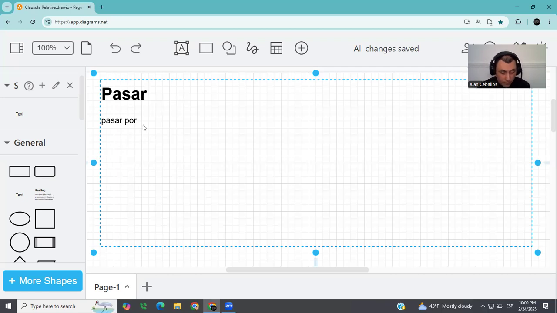I'm going to give you an example with this. It would be: Ella pasó por la casa ayer. We have another past tense, but just to give you an example. She passed through the house, or she passed by the house yesterday. It can also mean "through" in this case. To happen, it can also mean to happen.